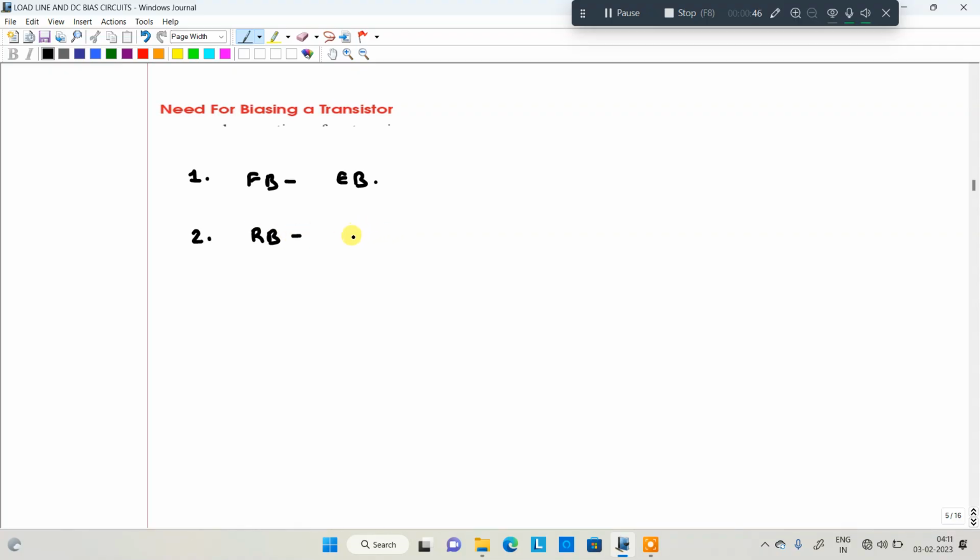The output junction is the collector base junction. These two should be satisfied, then only the transistor operates in the normal operation, like a transistor acting as an amplifier.